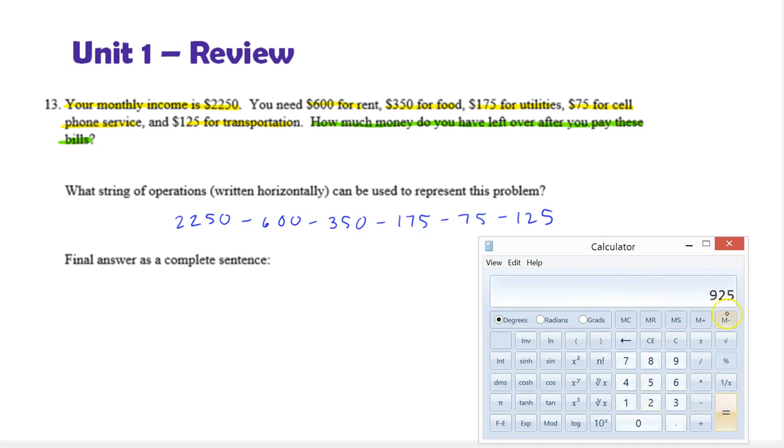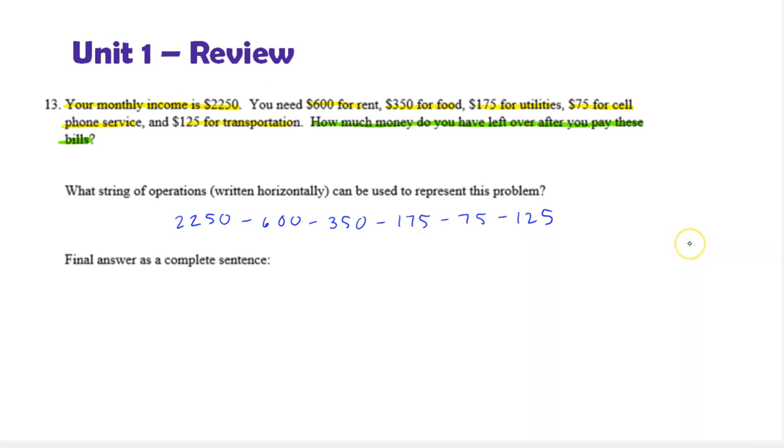And press equals, and our result is 925. So our answer is a complete sentence. We'll refer back to the question. You have $925 left over after you pay bills.